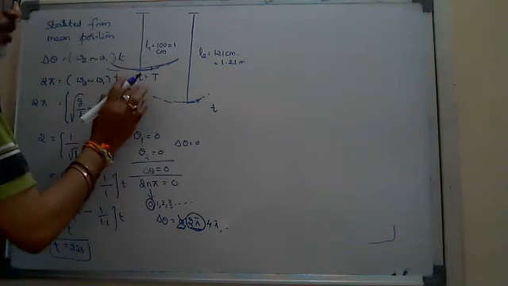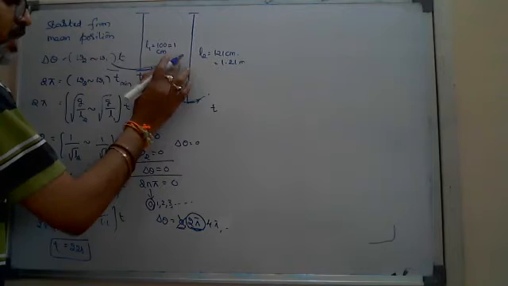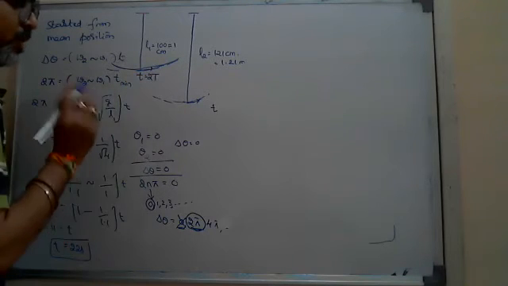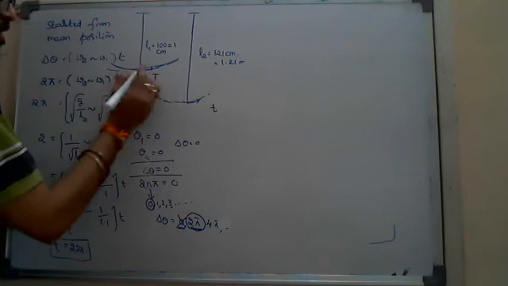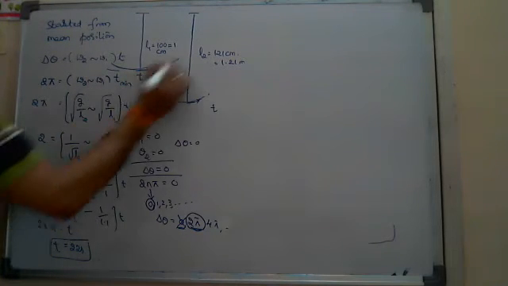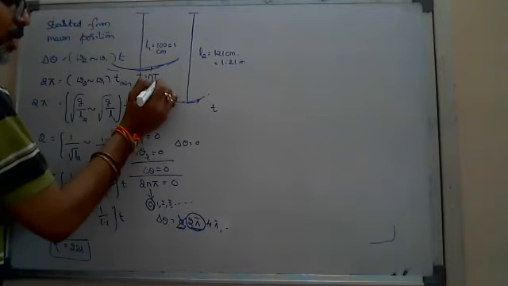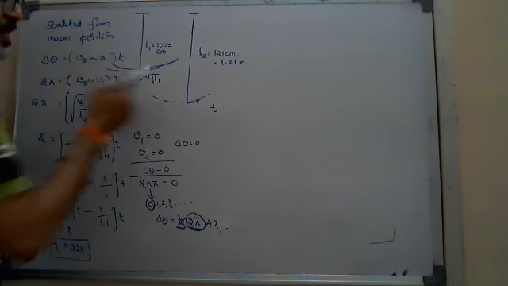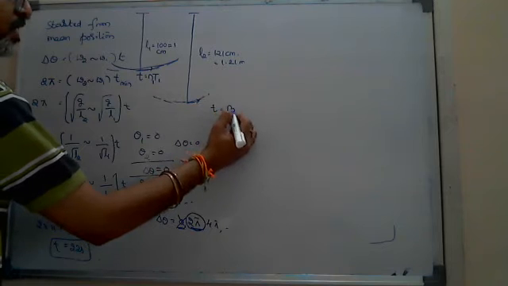Because the time taken to complete one oscillation is the time period. If it completes 2 oscillations, I have to write it as 2T. If it completes n oscillations, I have to write it as nT. So in this time, the first pendulum completes suppose n1 oscillations with a time period of t1. T is equal to n1 t1. In the same way I can write here n2 t2.